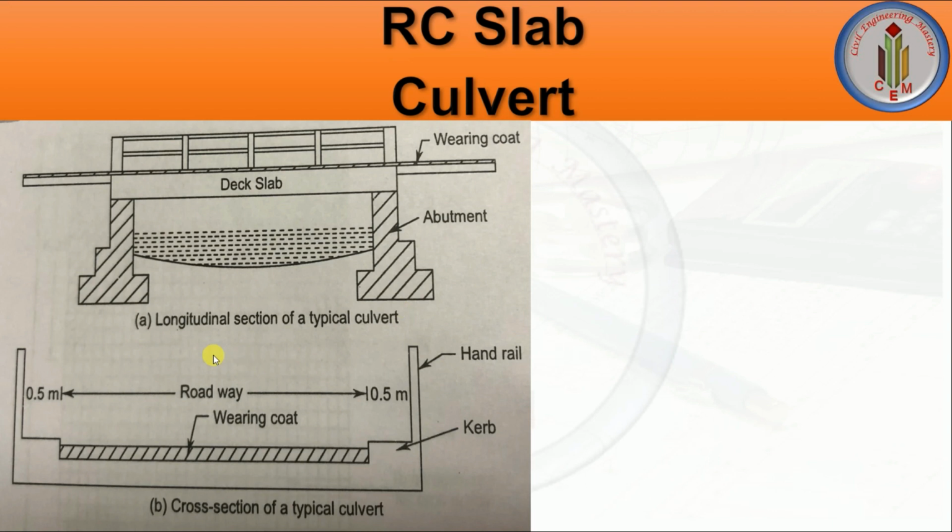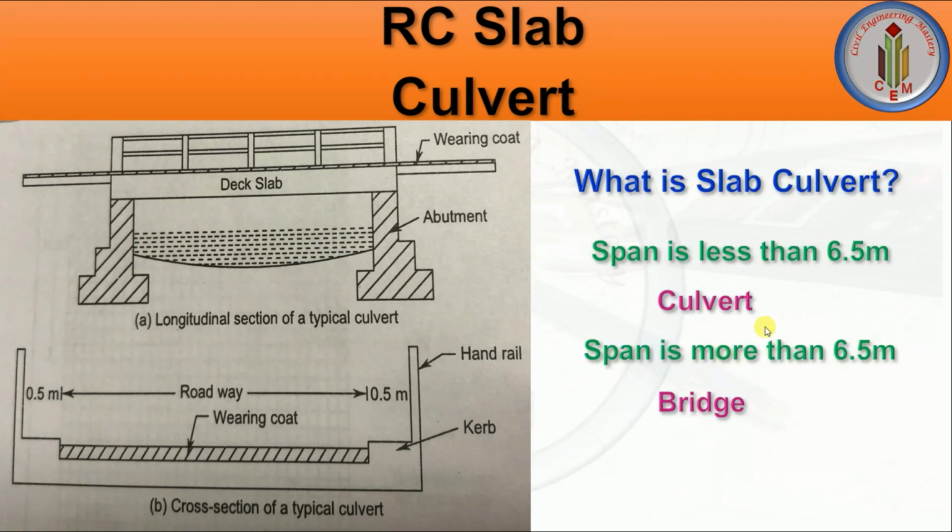Here we have the longitudinal section and cross section of a typical culvert. In the longitudinal section, we have an abutment and on top of it a deck slab, then a wearing coat, and after that the handrails. In the cross section also, we have the curb, handrail and wearing coat. So this is the deck slab.